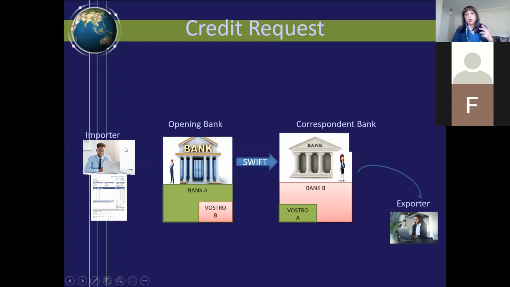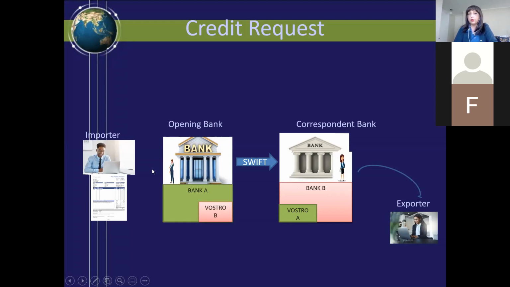Okay, so after he fills in all that information, the opening bank studies this, so the credit is never approved the same day. The opening bank will check the information of the application he had to fill in, and will communicate with the exporter to see if the information he's giving is actual, it's real, right?